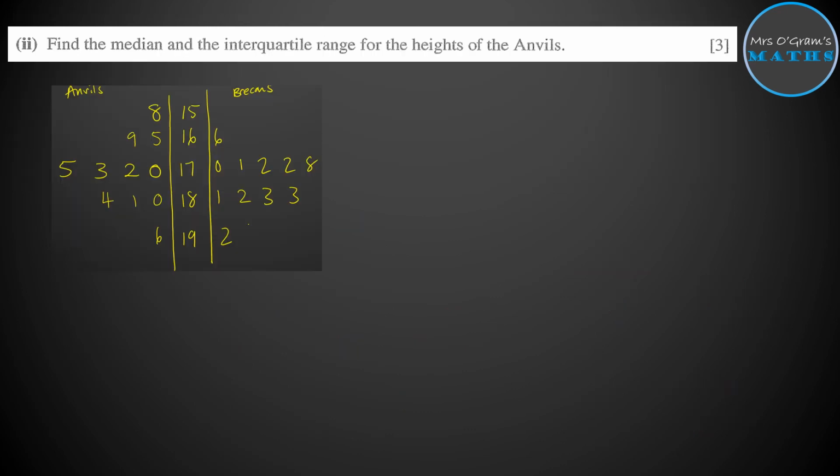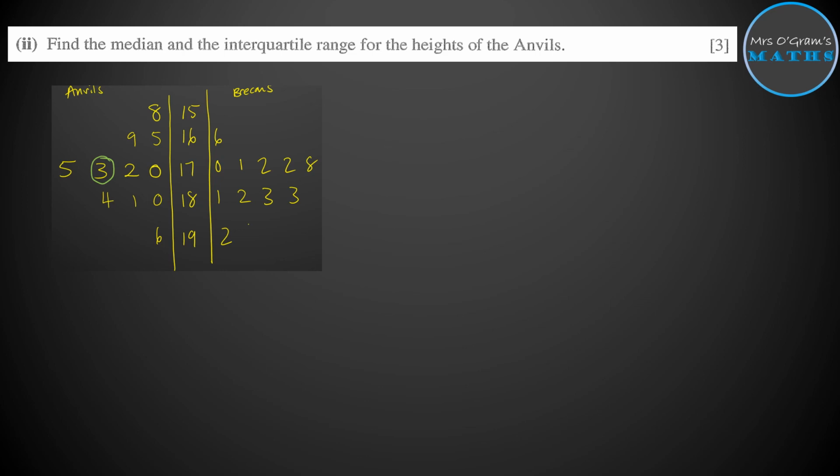Okay, so we need the median and the quartiles for the anvils. So that's on the left-hand side. So we want the one that's in the middle. We've got 11 pieces of data there. 1, 2, 3, 4, 5, 6. So we have, oh no, hold on. It'll be, this one here is the median. We've got 5 on each side of that.